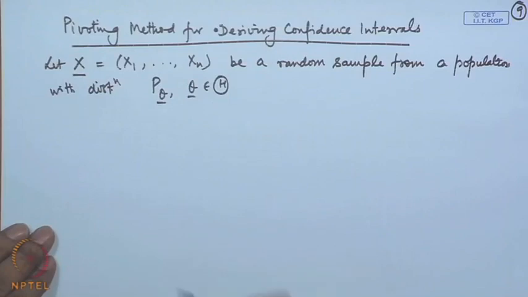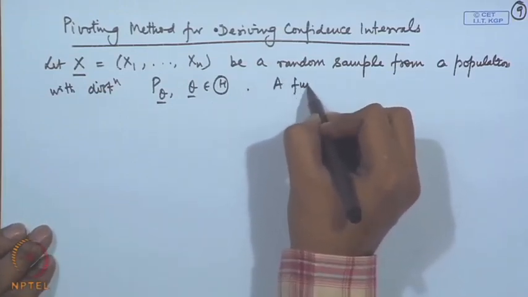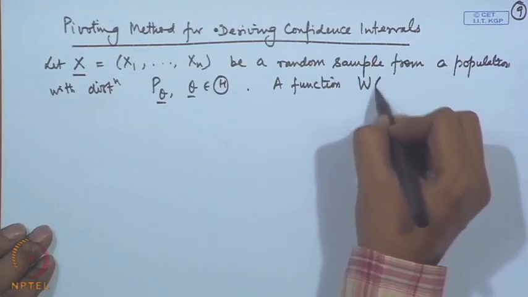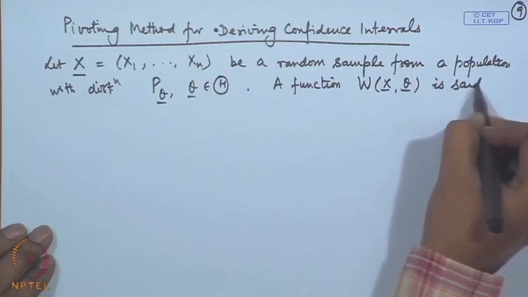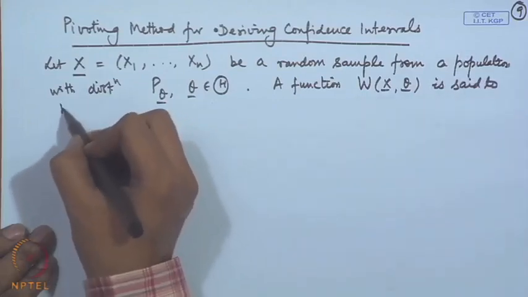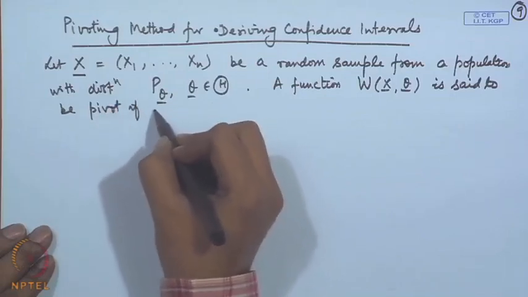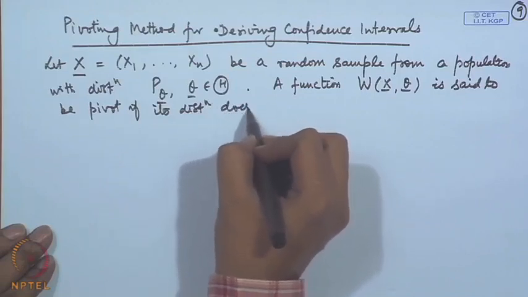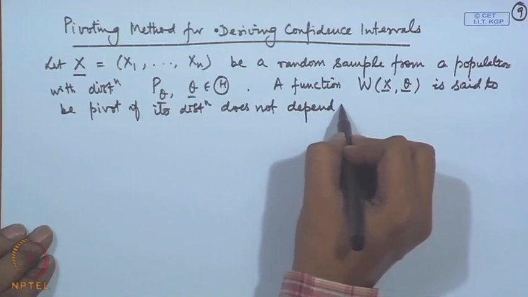In general, we may have a vector of parameters. Then a function w of x and theta is said to be a pivot if its distribution does not depend on theta.